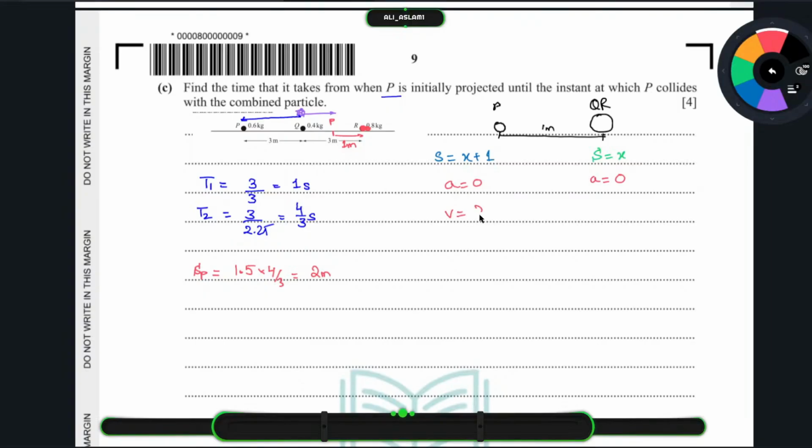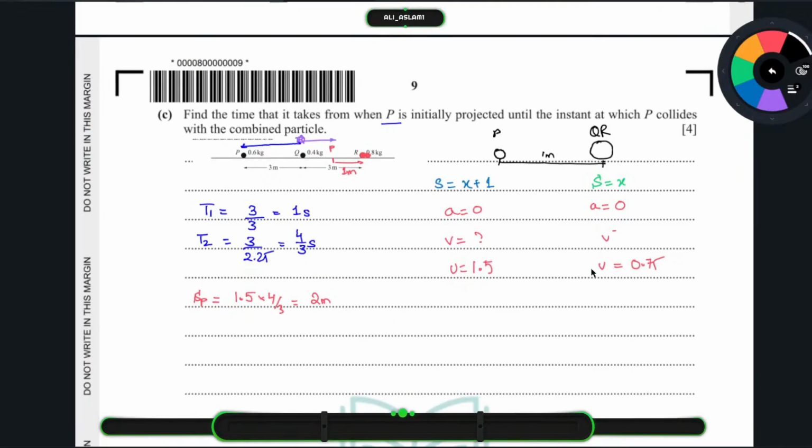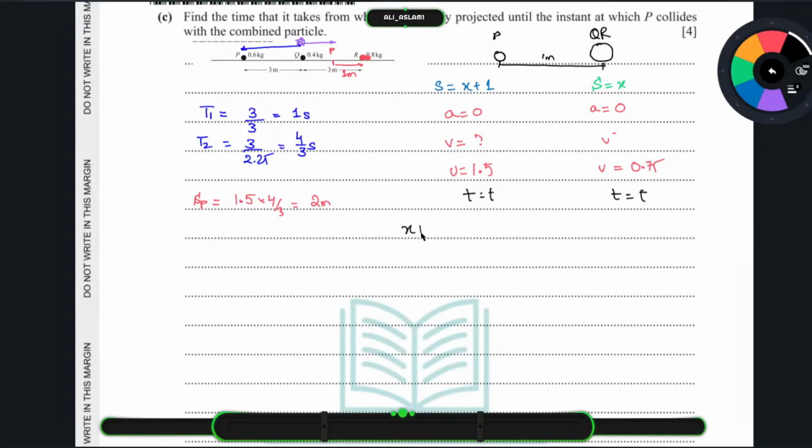V is unknown, U is 1.5 and 0.75, and time is the thing we are going to find. So x plus 1 is equal to ut, which is 1.5t, and x is equal to 0.75t.